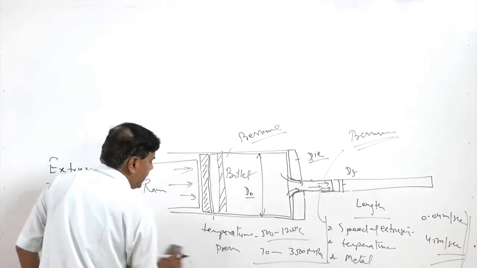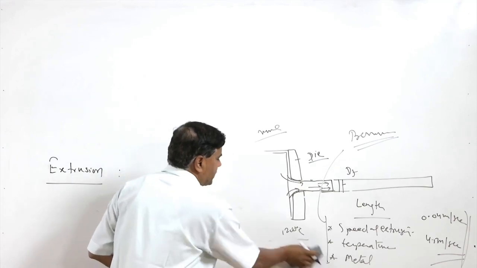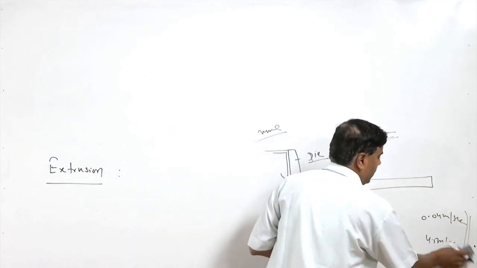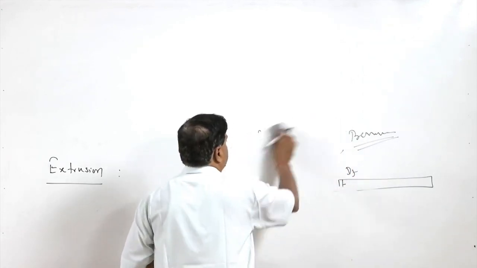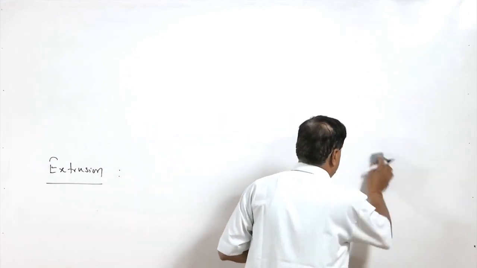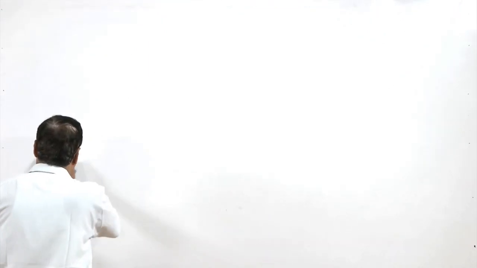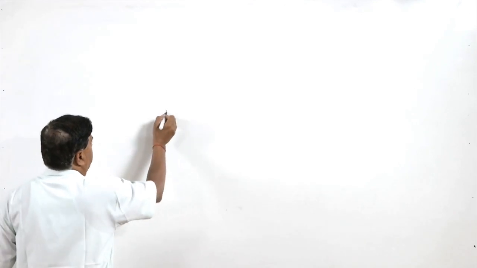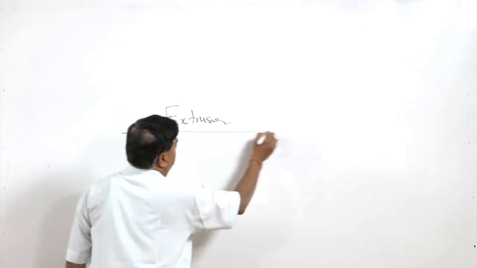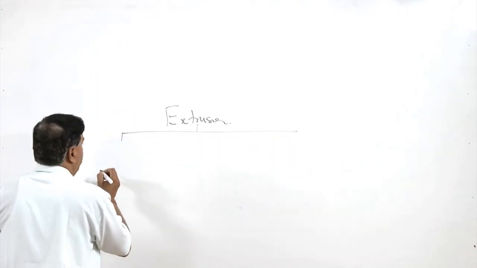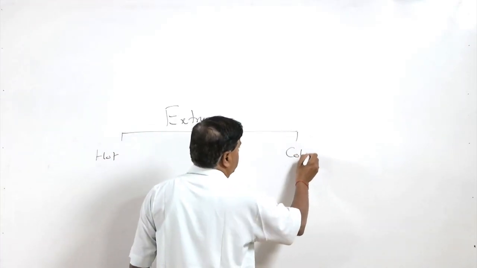So, as per the process, whether it is hot or cold, different pressures and different temperatures are used. Broadly, now I will try to classify the extrusion process based on the way extrusion is carried out or the temperature conditions. If you have to plot the tree for the extrusion process, there are two broad categories: one is hot extrusion or hot working, and another is cold extrusion.